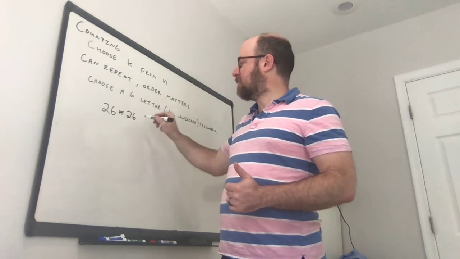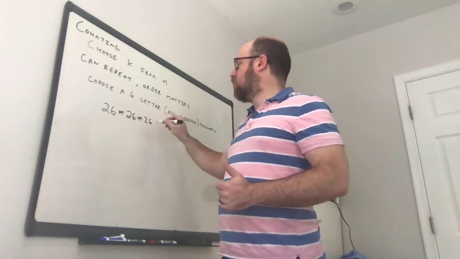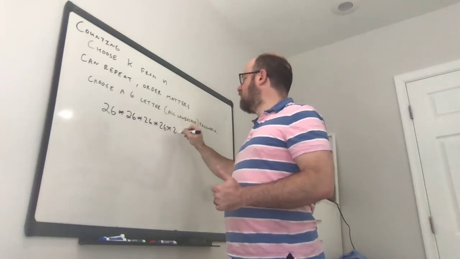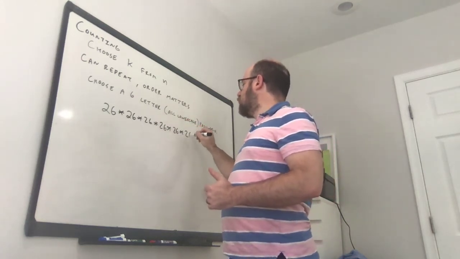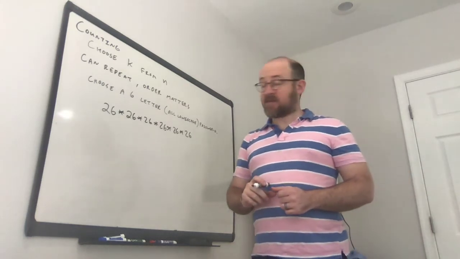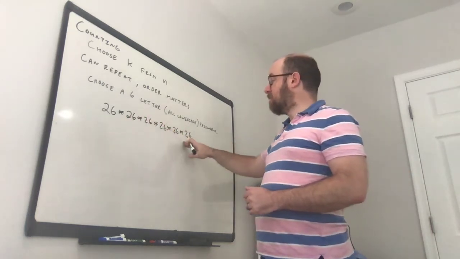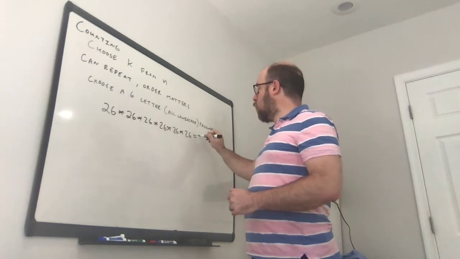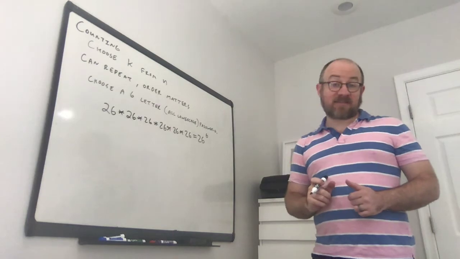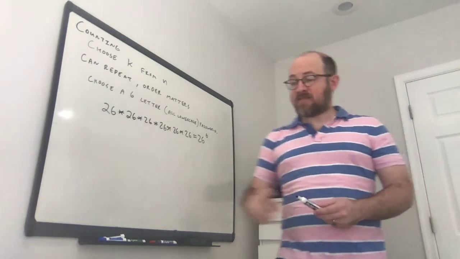So 26 for the second, 26 for the third, 26 for the fourth, 26 for the fifth, and 26 for the sixth. Okay? So 26 multiplied by itself 6 times, what we would usually write as 26 to the 6th power. Okay? And that's a very large number.